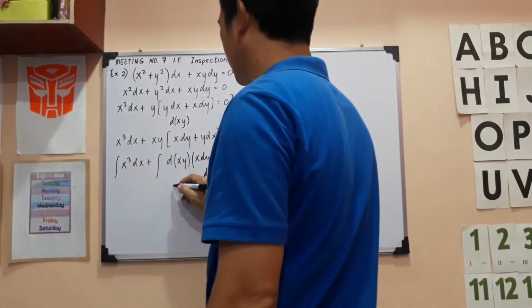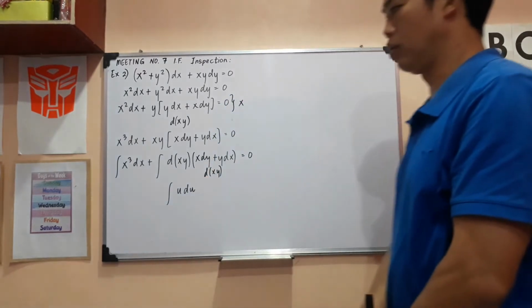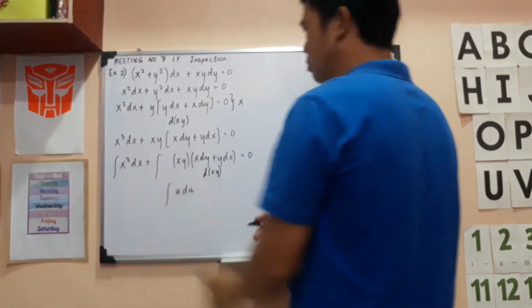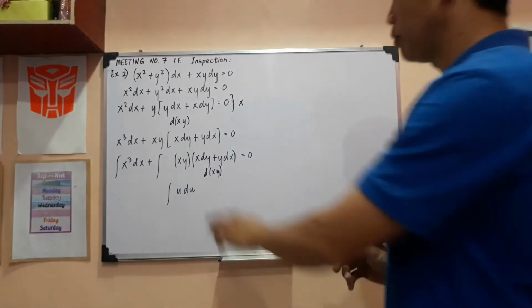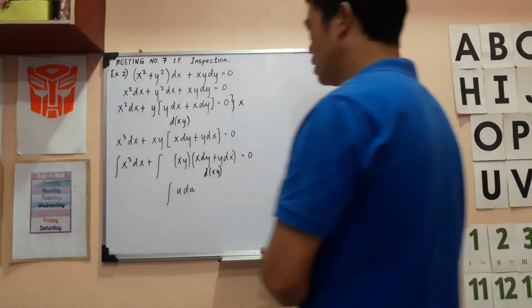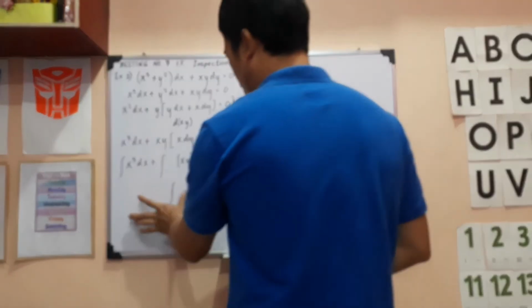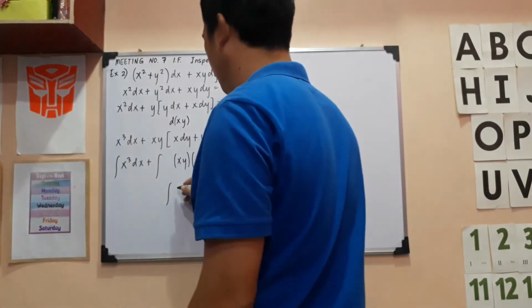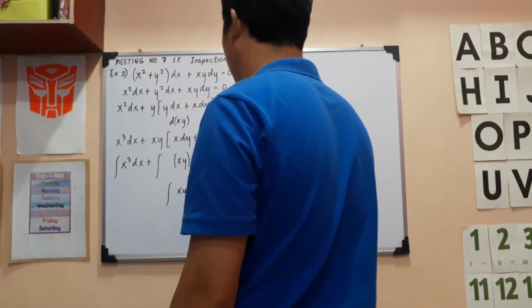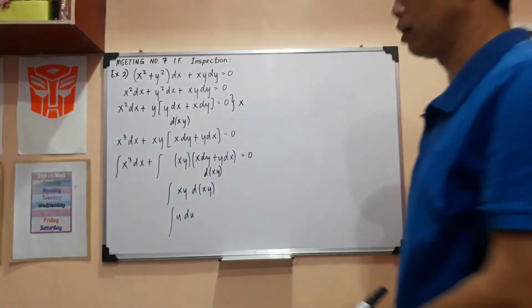So, kumbaga parang the integral of u and then du. No? Ito yung u mo. So, this is derivative of xy and this is xy. So, to simplify, meaning we have the integral of xy, derivative of xy, is also the integral of u, derivative of u. Di ba? Ganun yun.